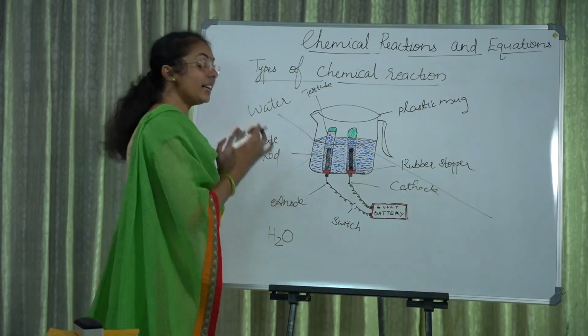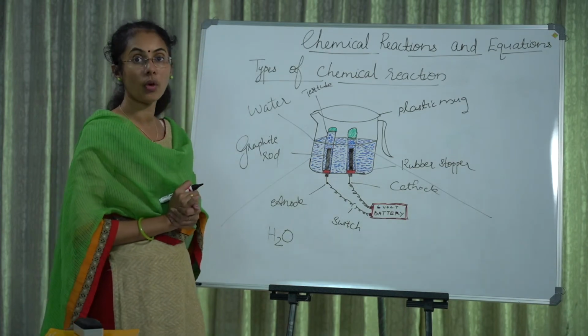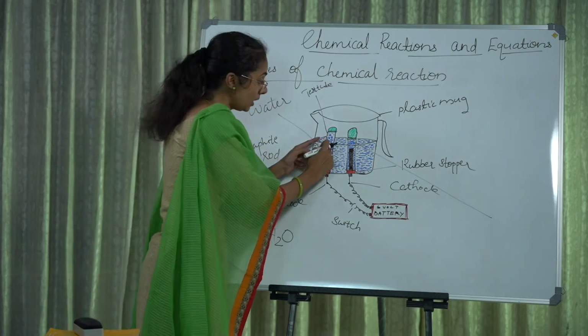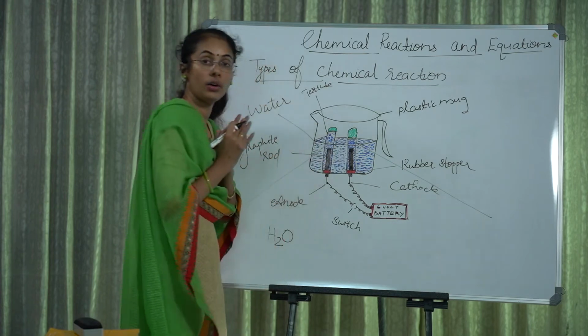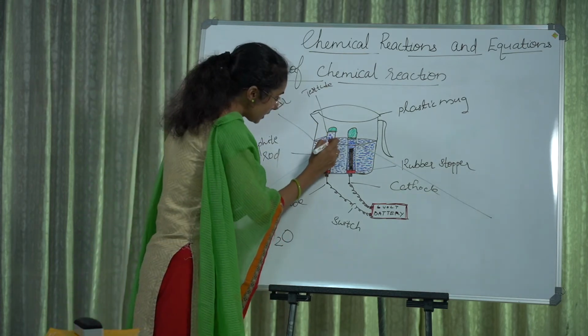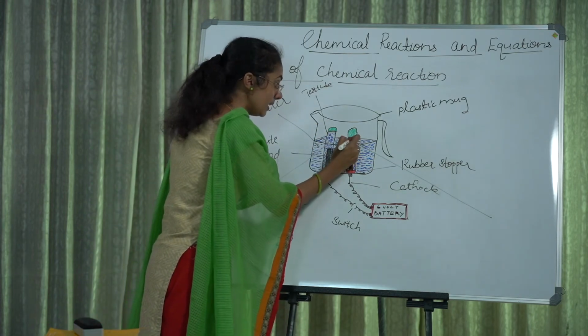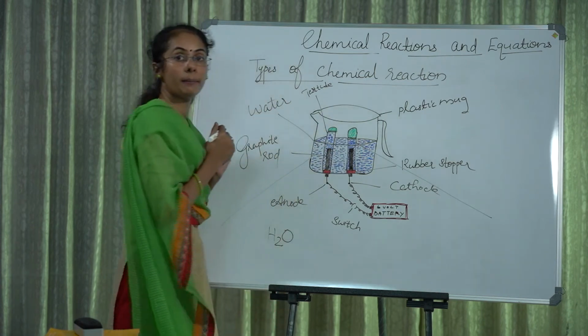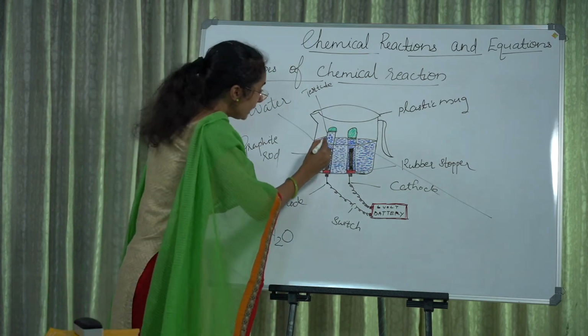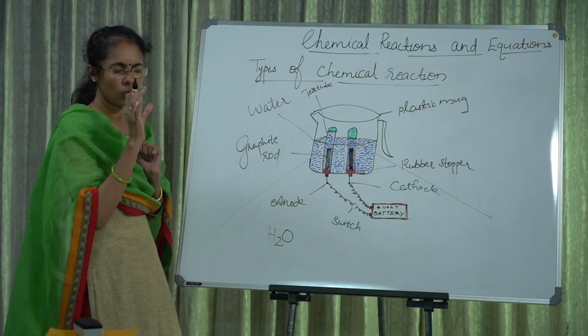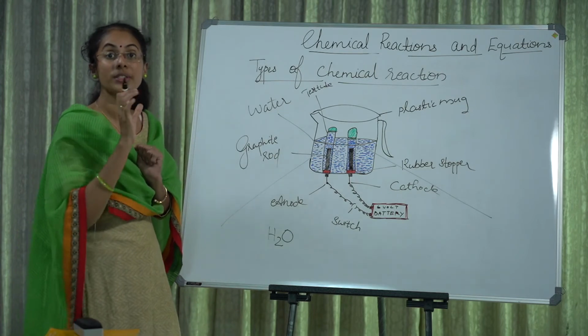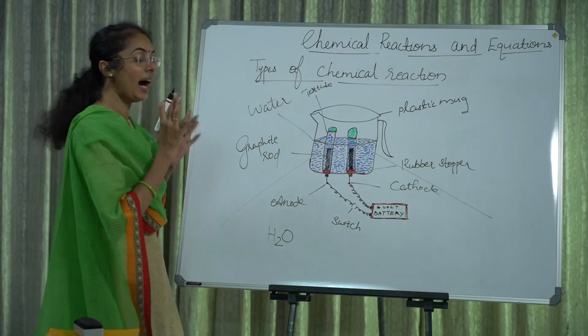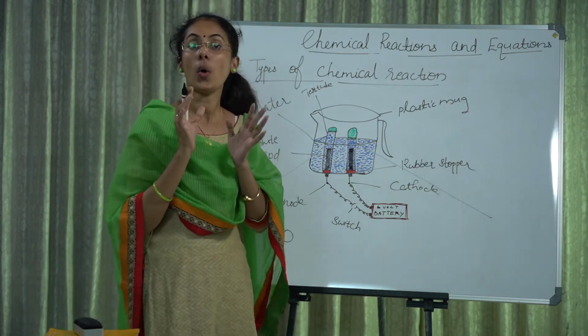That water decomposes to form. In this picture, you can see bubbles here, no? In the first test tube, these are bubbles. In the second test tube, these are bubbles. Water decomposes to form hydrogen and oxygen.